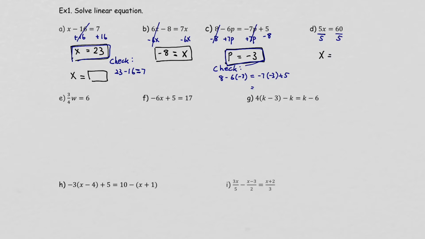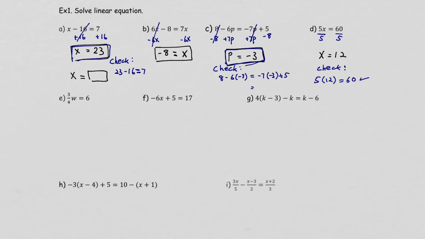So your x is going to be, 5 goes into 60, 12 times. And if we want to check this one, it will be 5 times 12 equals 60, which we know is true.